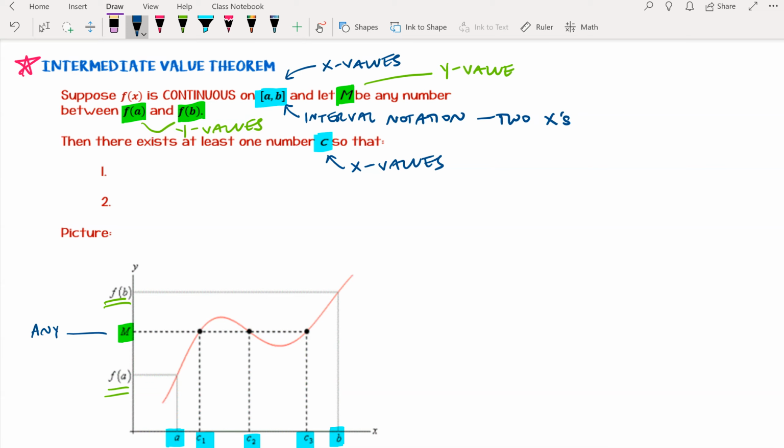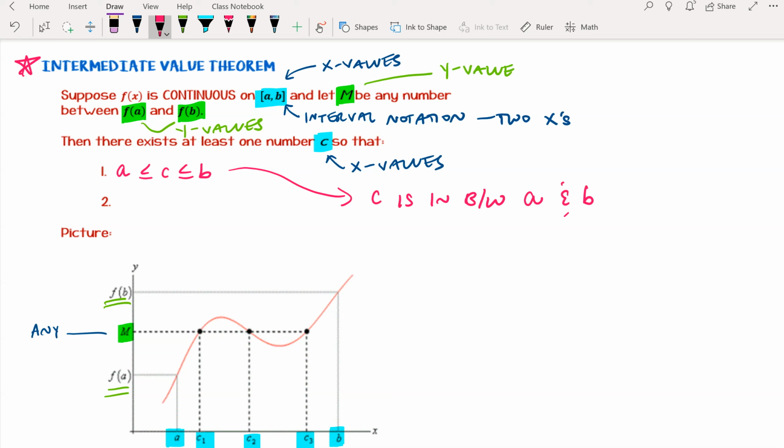Then there's at least one number c such that, okay, and now let's finish the theorem off, such that a is less than or equal to c is less than or equal to b. And I want you to write a little note. This means c is in between a and b.